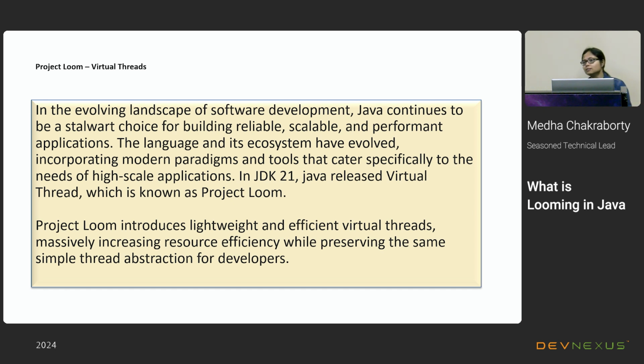In JDK 21, Java released virtual threads, which is known as Project Loom. Project Loom introduces lightweight and efficient virtual threads, massively increasing resource efficiency while preserving the same simple thread abstraction for developers.